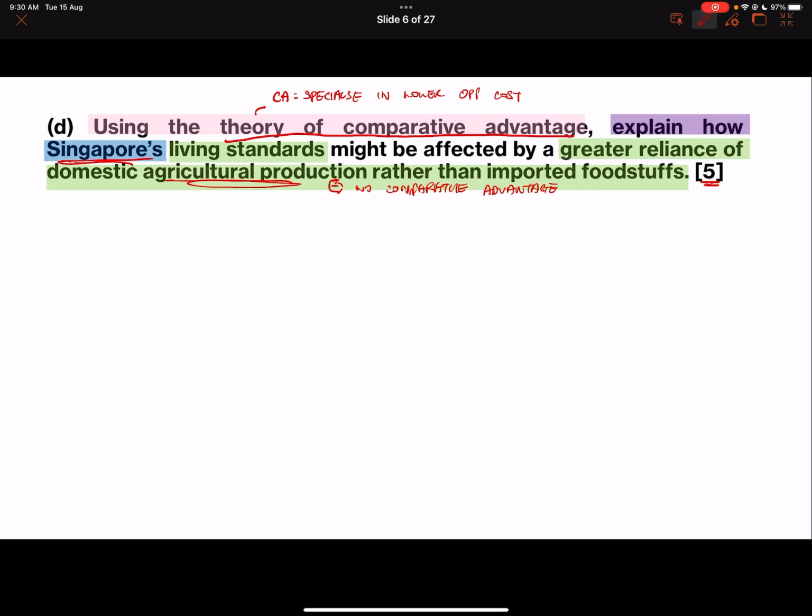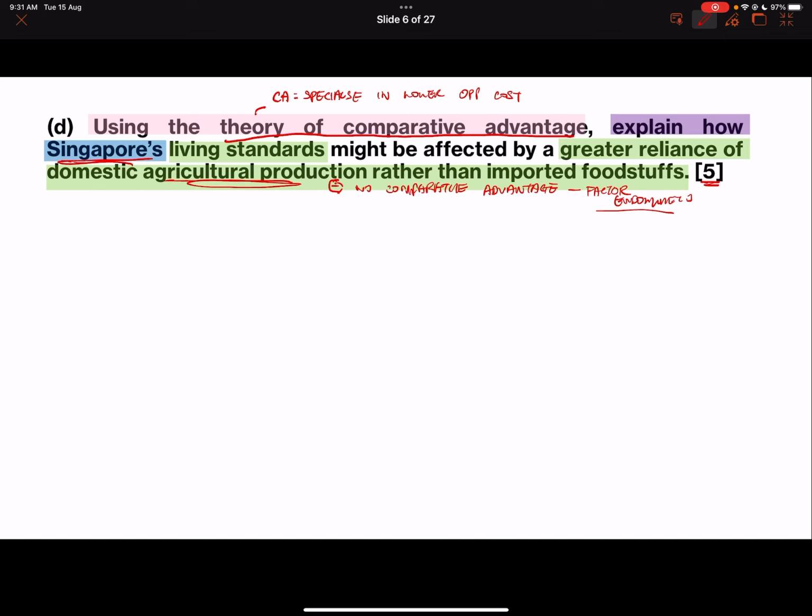And then we can bring in some explanations about factor endowments. So the theory of CA says that you should not specialize in the good where you do not have a comparative advantage. Singapore very likely doesn't have a comparative advantage in agricultural production because of our factor endowments.